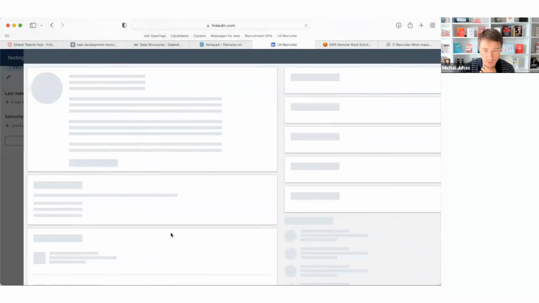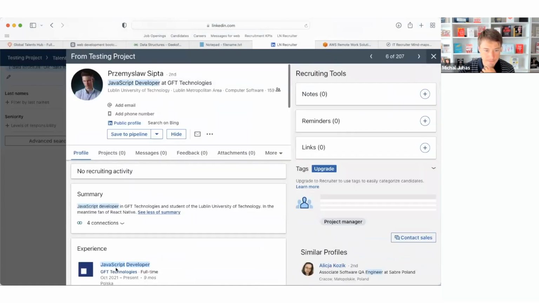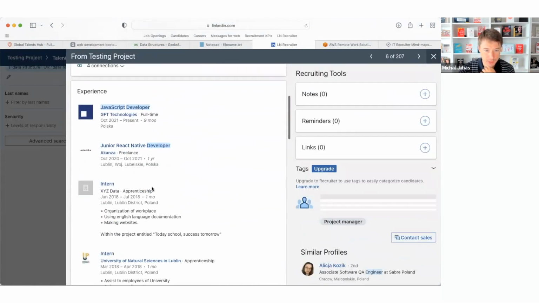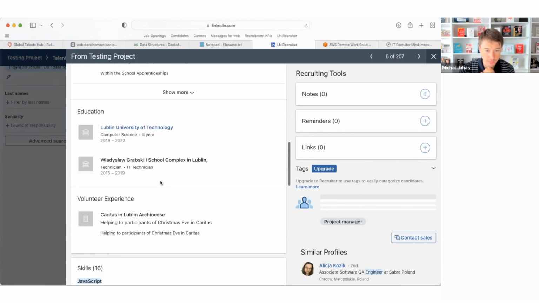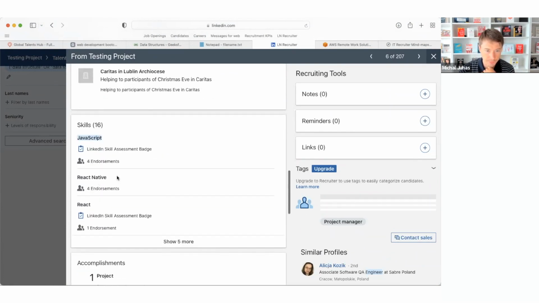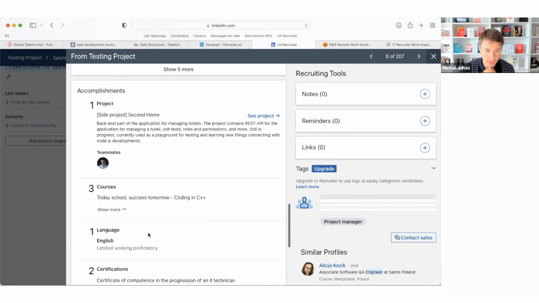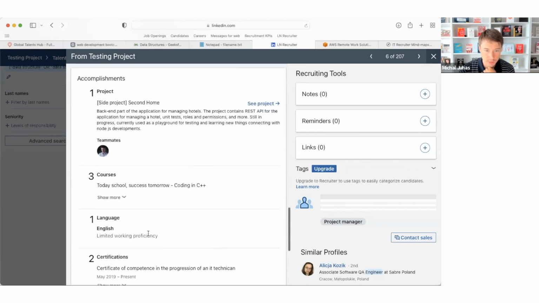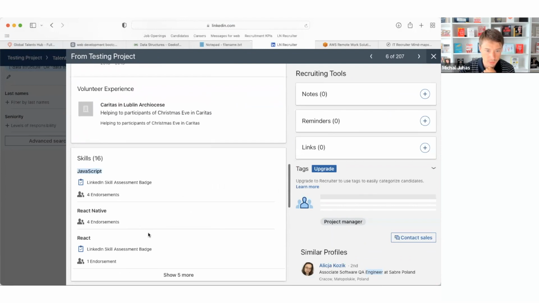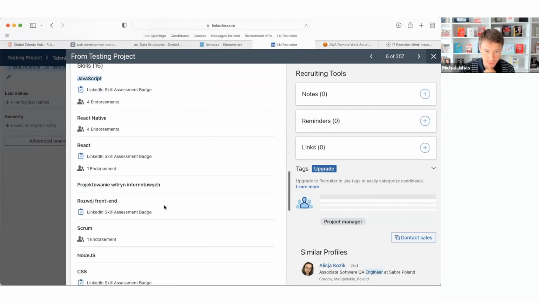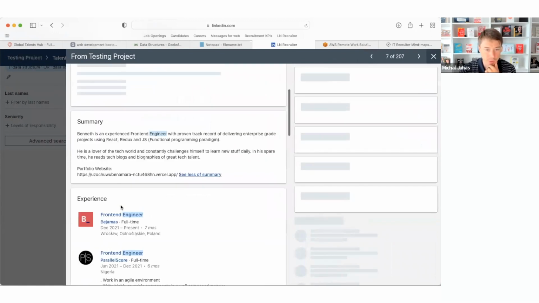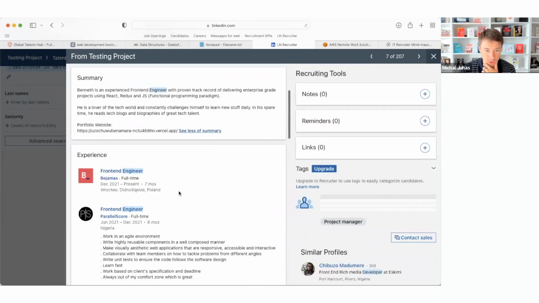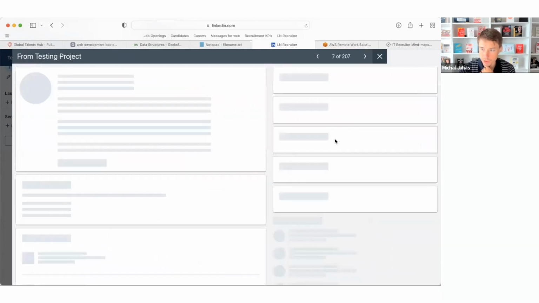JavaScript developer Pranislav. JavaScript developer, only nine months, not senior enough in this case, but has the right keywords. Yeah, has the right keywords. It's just not senior enough. Let's go to another profile, front-end engineer. Started just 7 months ago. He would not be my first choice.